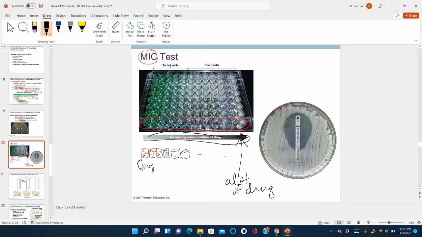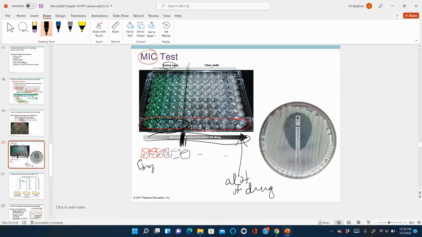Now, these first couple, probably over here, you definitely have some growth in the wells. You see that the wells are turbid, that means cloudy. And there's a point at which you have clear wells. Whatever concentration this is right here represents the point at which growth of the bacteria is inhibited by that concentration of drug.